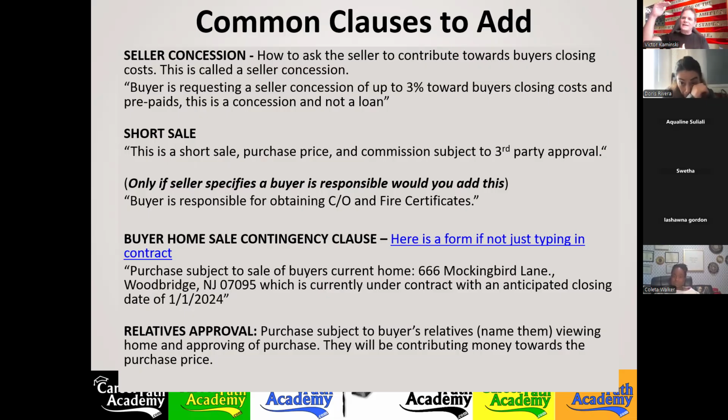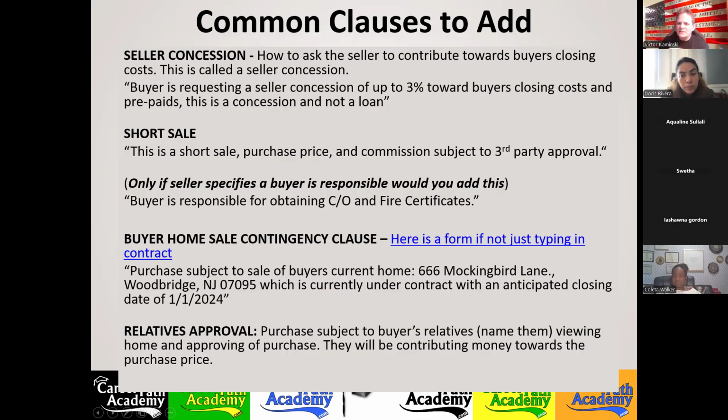So I put up an addendum to the contract. It's a whole additional page of statements that would be added into the contract if it's a short sale. But you could do something as simple as this. This is a short sale, purchase price and commission subject to third-party approval.